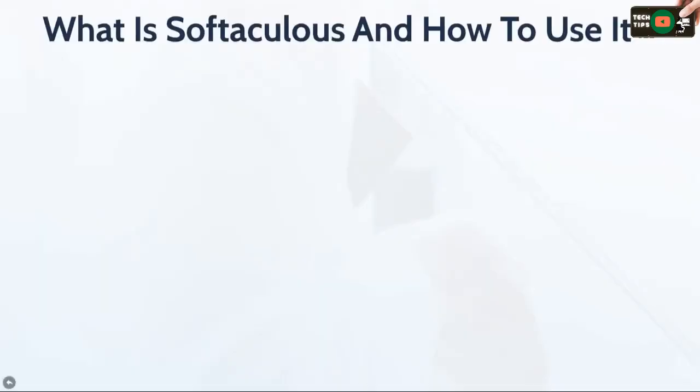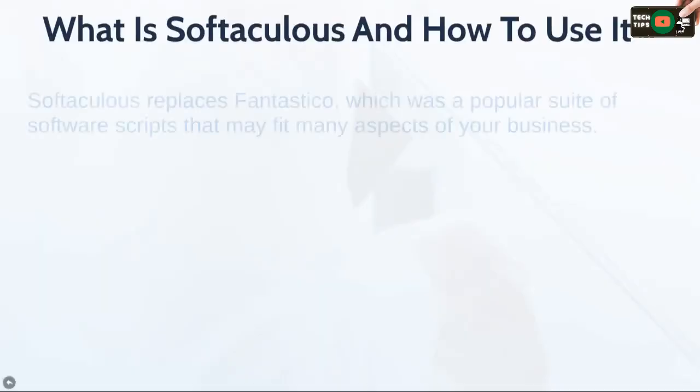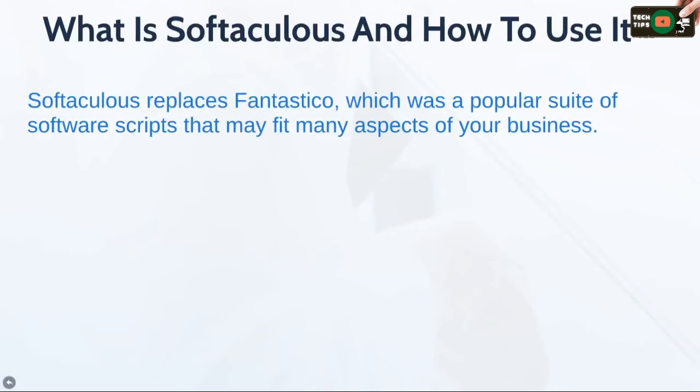Learn what Softaculous is and how to use it. Softaculous replaced Fantastico, which is basically a popular suite of software scripts that you can build into your website. Things like WordPress, Joomla. If you want a forum, you can build forums.